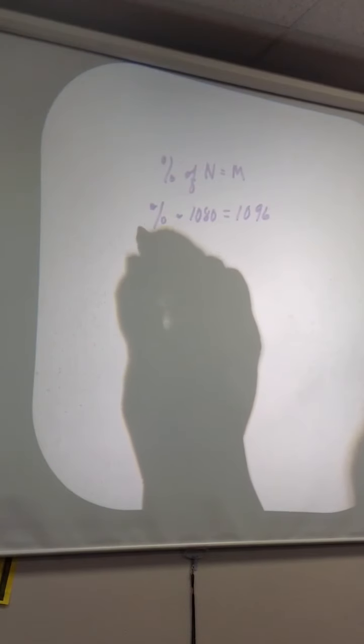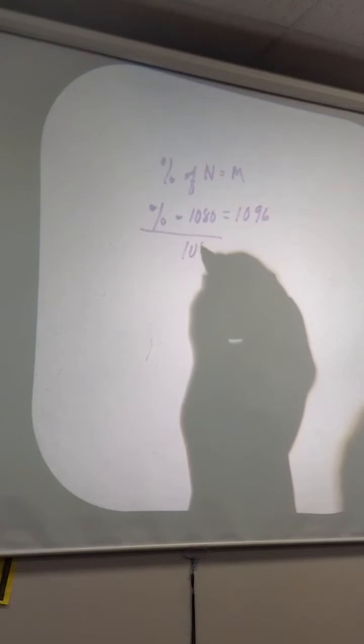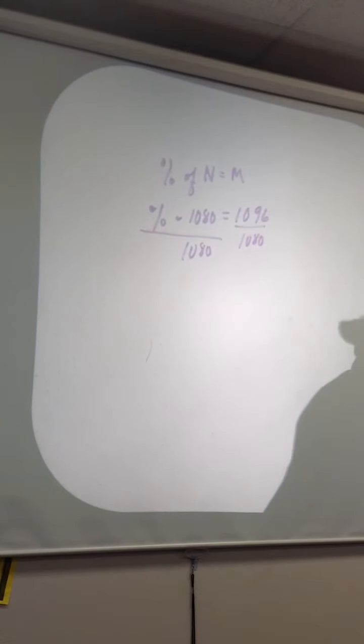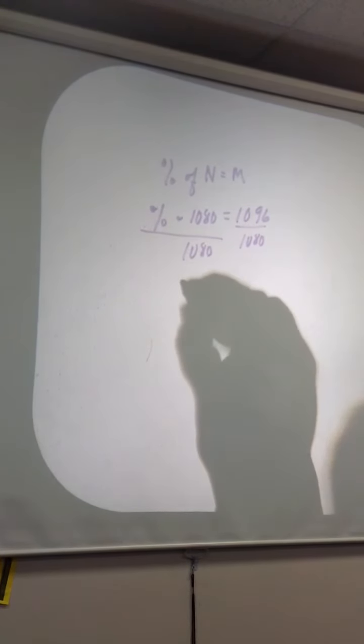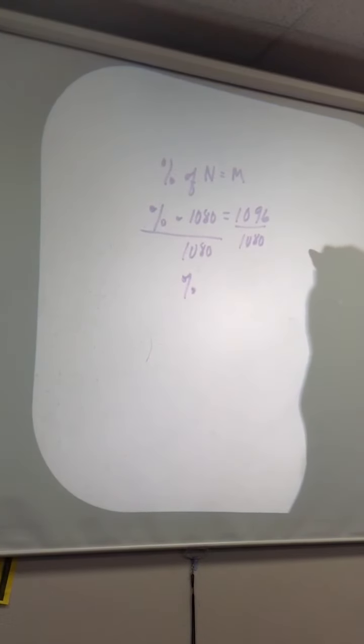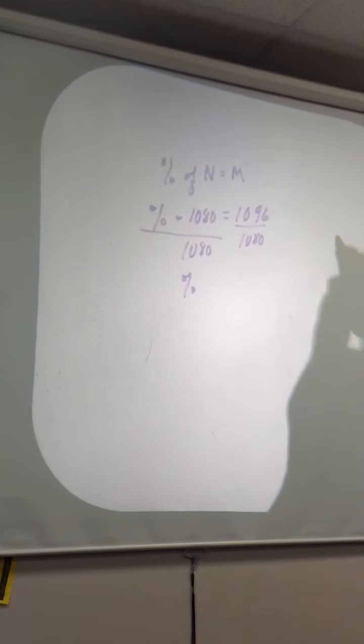We divide both sides by 1,080, right. That's what we're going to do. Then we would get the percent that somebody had, which would be over 100%. I'm not going to go through all that division right now, but it would be 1 point something. And when you changed it to a percent, it would be 100 something percent.